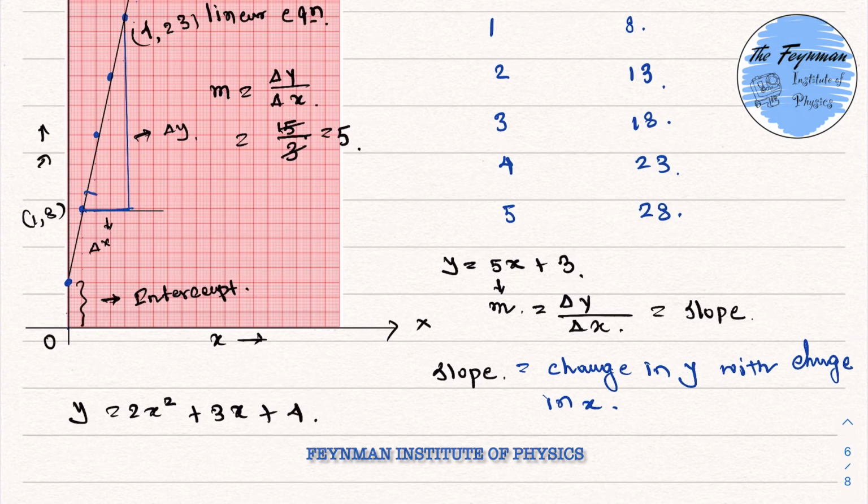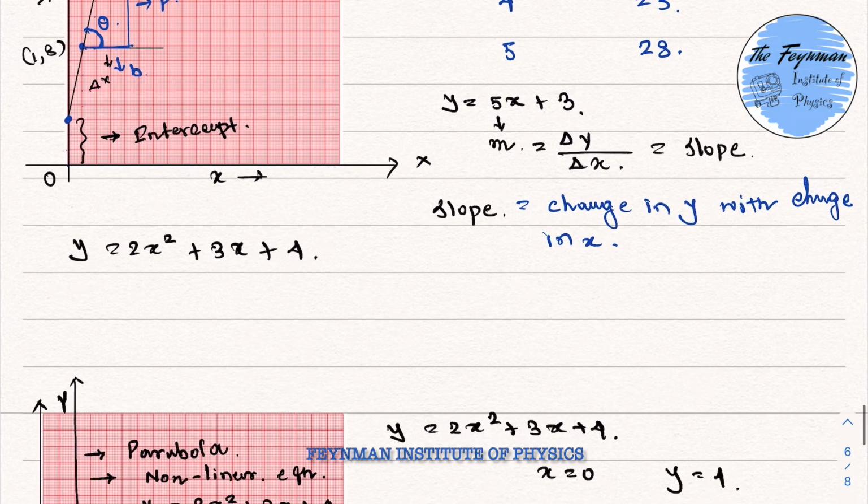So if this angle is theta, then we can find that this is a right angle triangle. So this will be our perpendicular, this will be our base, and this will be our hypotenuse. Because we want to find the change of perpendicular with respect to base, we can write this slope m, change in perpendicular with respect to change in base, and that is why we can say it to be tan theta.